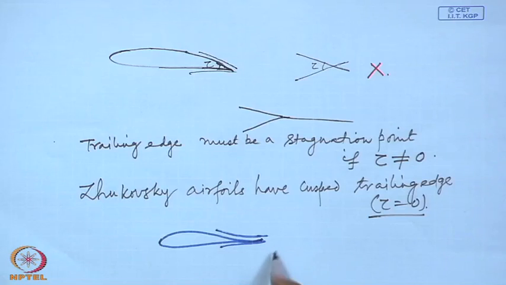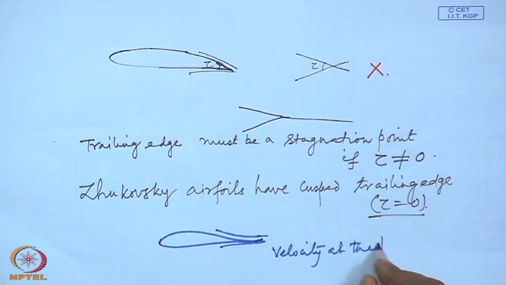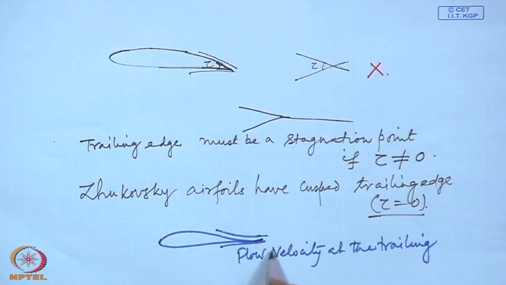So, in this case, this is the flow velocity, of course, at the trailing edge, and it is finite.